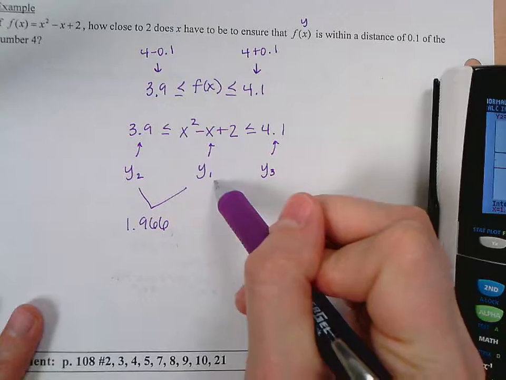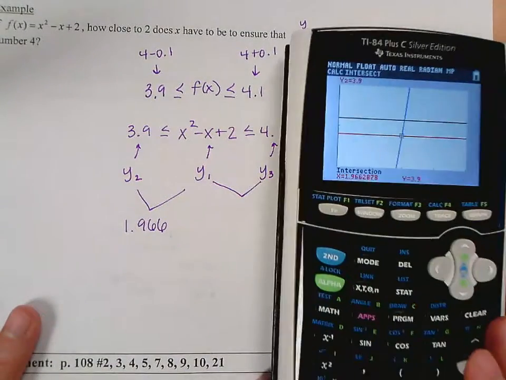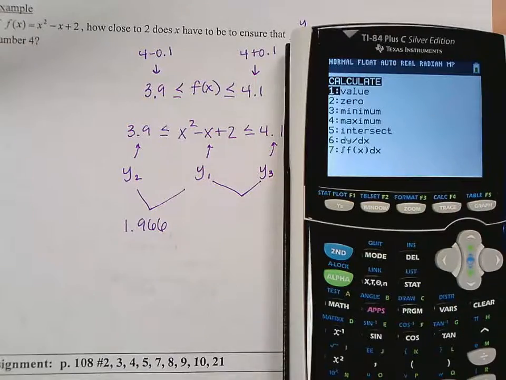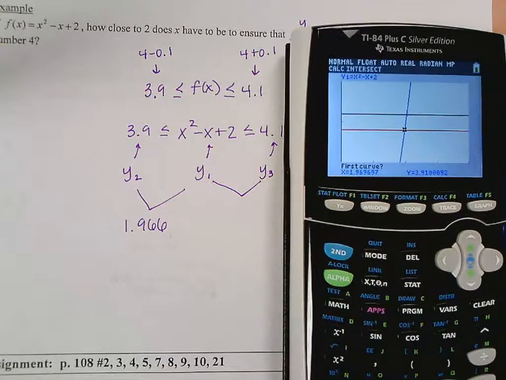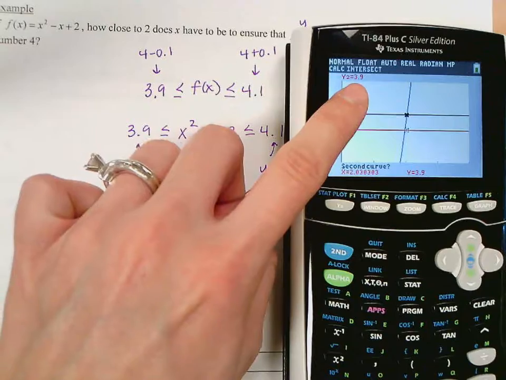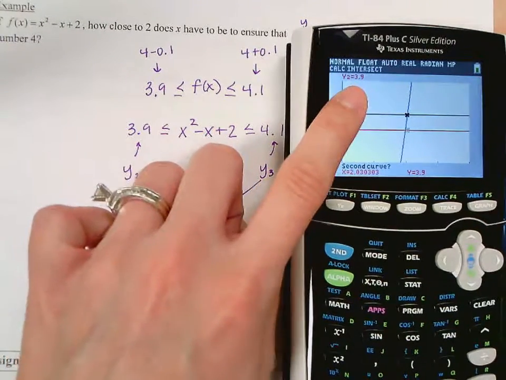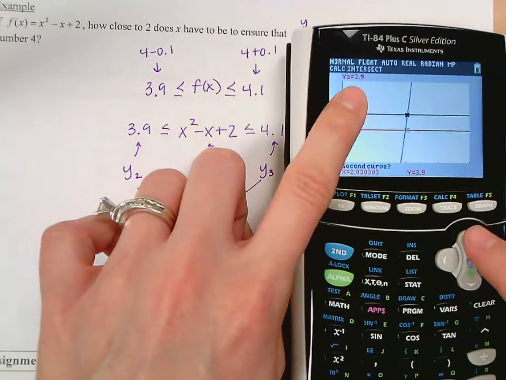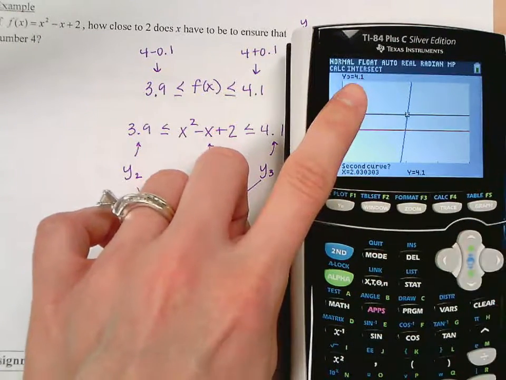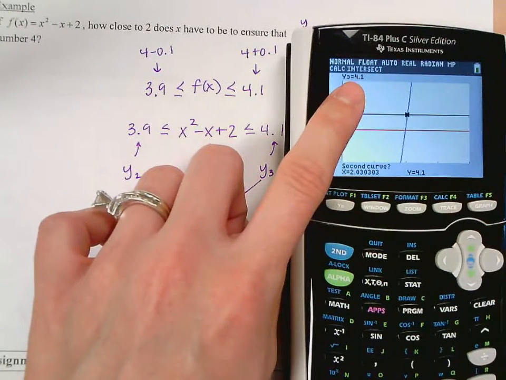Now I'm going to find the intersection between y1 and y3. So again, second trace for the calculate menu, option 5. I'm still on y1, hit enter. Now, notice this says y2 again. I already found that one. I should hit either the up or down arrow to make sure that second curve says y3.